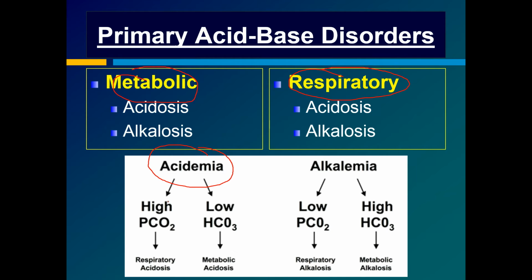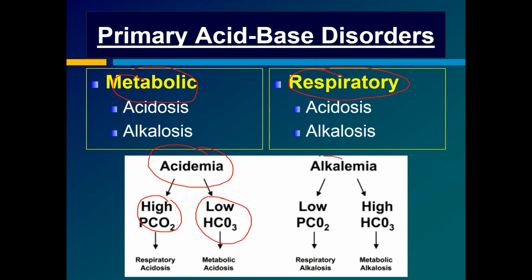From a respiratory standpoint, if your PCO2 is elevated, that would be consistent with a respiratory acidosis. If you have a low serum bicarbonate, typically obtained from a venous blood sample from a basic metabolic profile, then you would have a metabolic acidosis. So low bicarb, metabolic acidosis; high PCO2, respiratory acidosis.